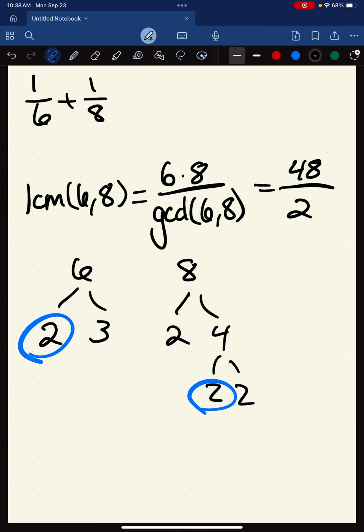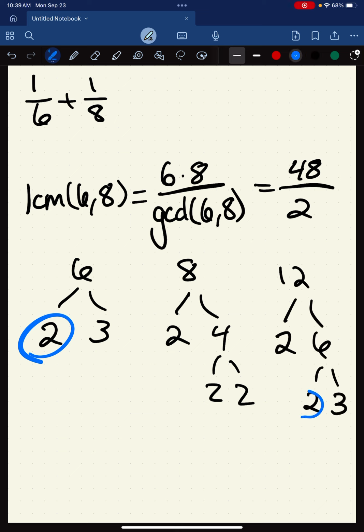If we did 6 and 9, 9 is 3 times 3, then it would be the 3 in common. If we had 12, that's 2 times 6, which is 2 times 3, and you can see that now we have a 2 in common and a 3 in common, so the greatest common divisor would be 6.